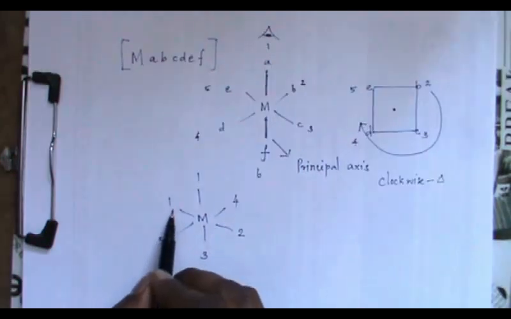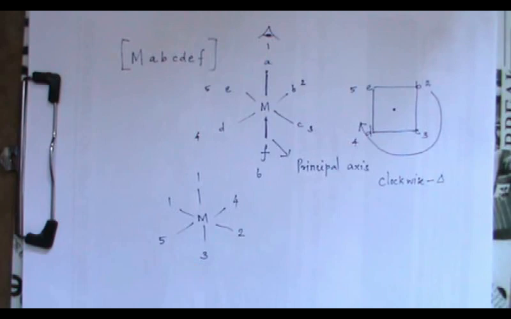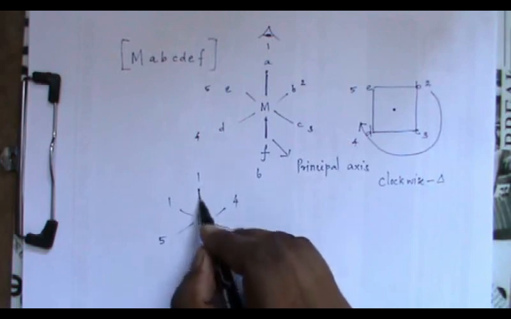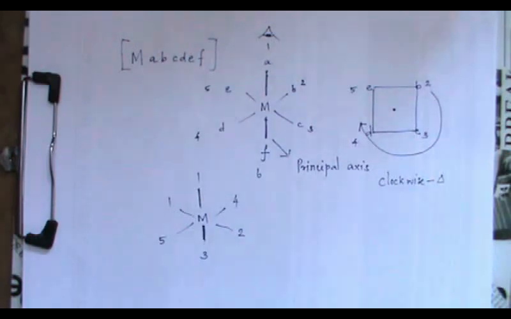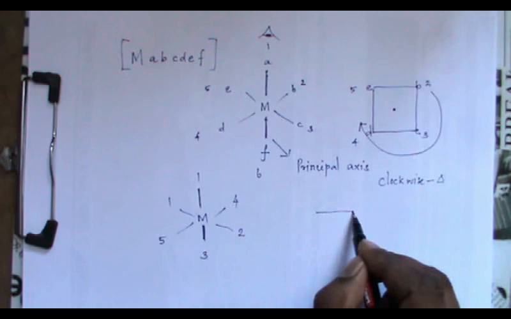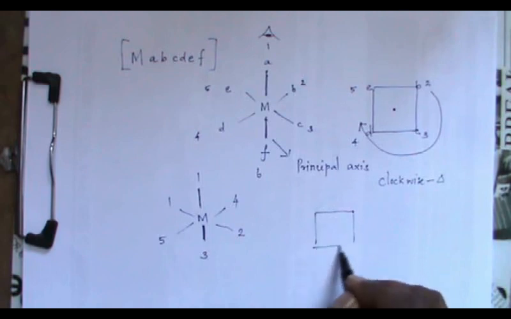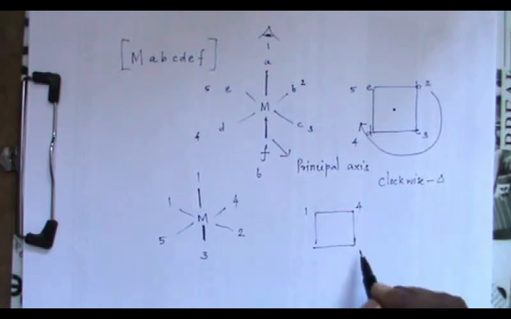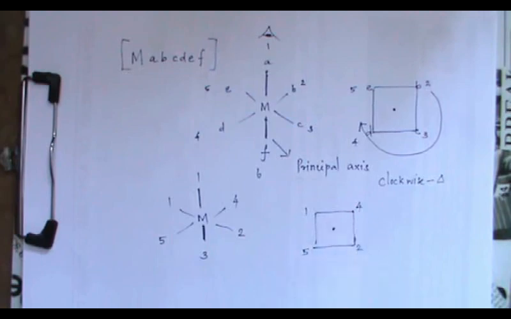Here I have one more example. Two ligands have the highest priority. Since this is the highest value, I take this as principal axis. I have to view the complex through this axis. I can find only this square planar complex. The priorities are given like this.